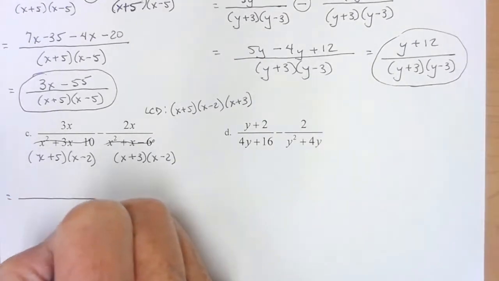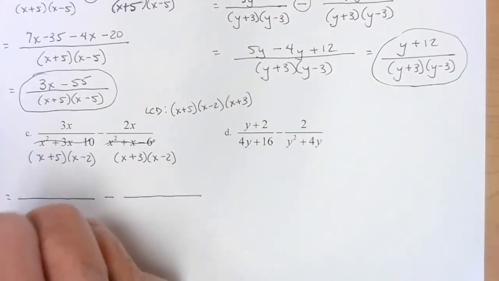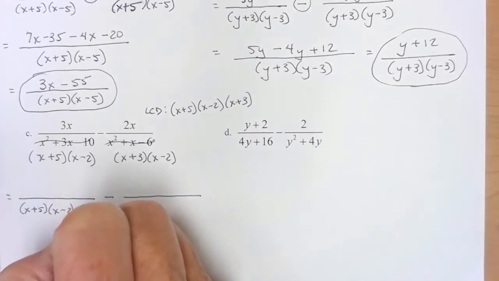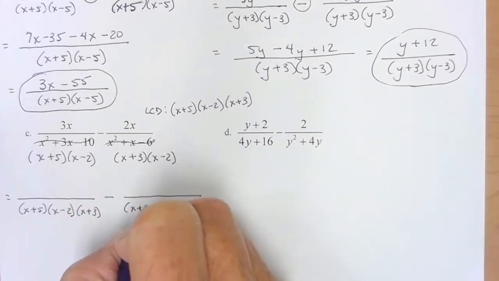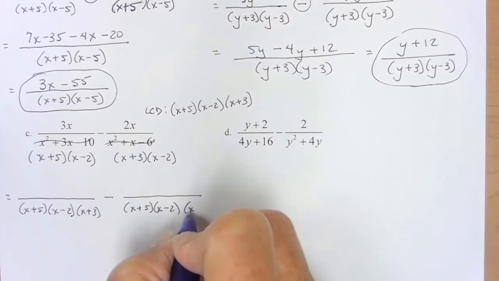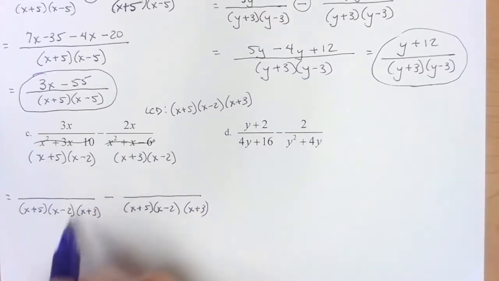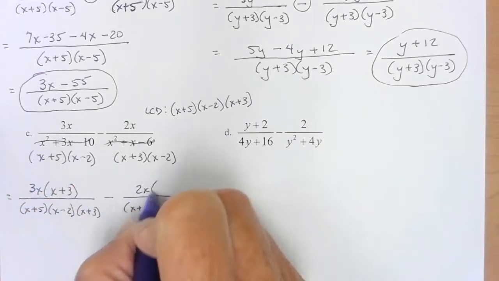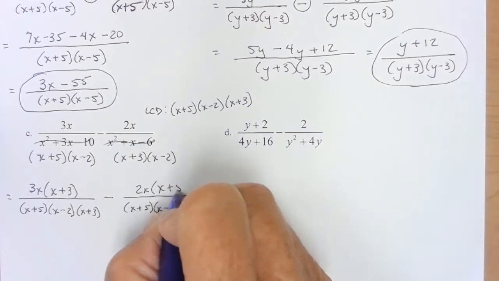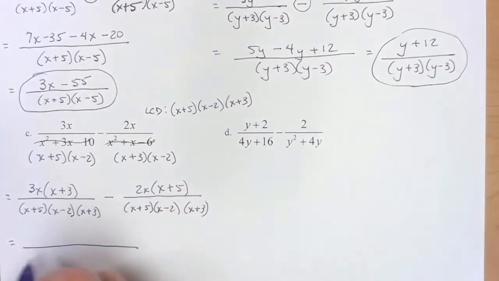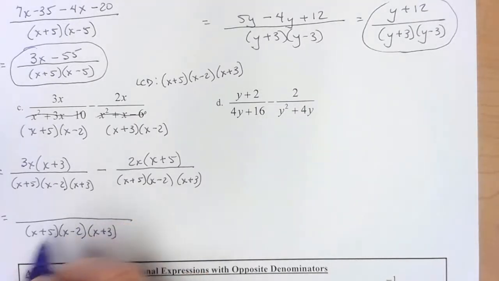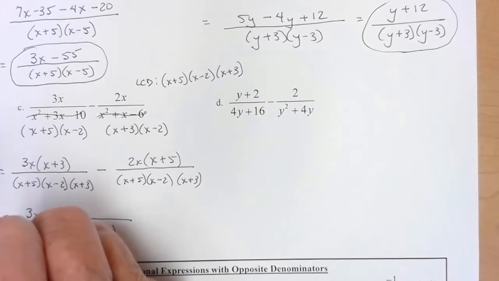So now I need to see if I can write a little bit smaller. So what is missing is the x plus 3. What is missing is the x plus 5. So distribute the 3x through.